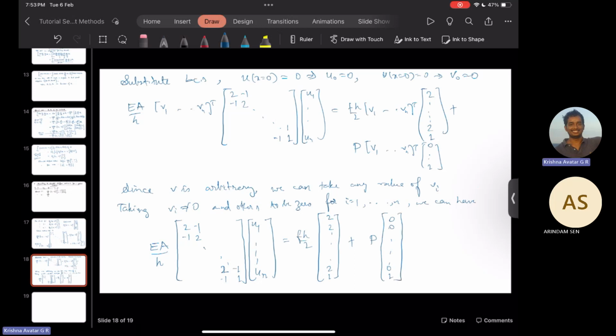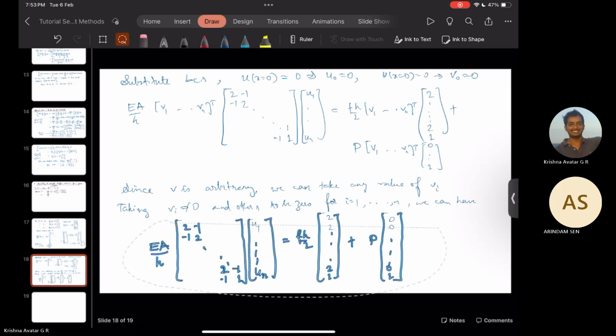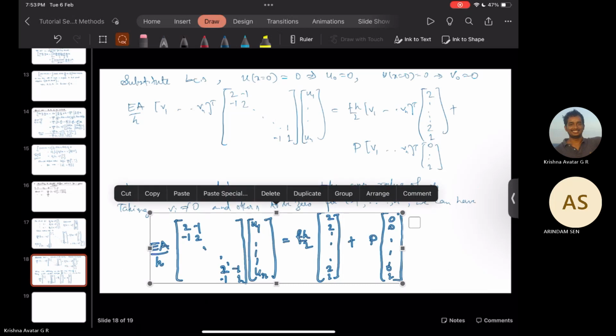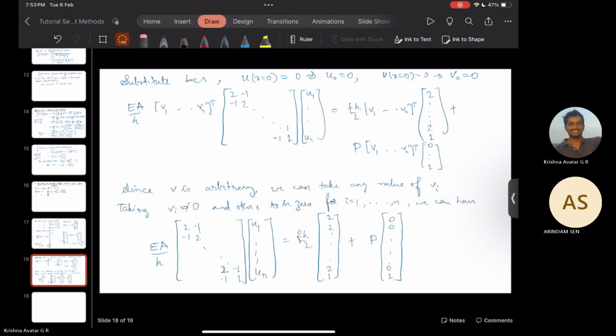So this is the equation we have to solve. This is our matrix equation to be solved.